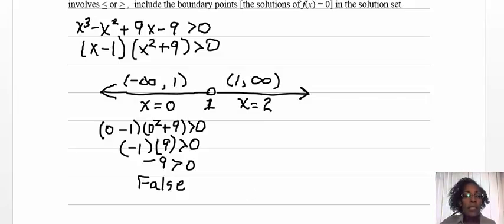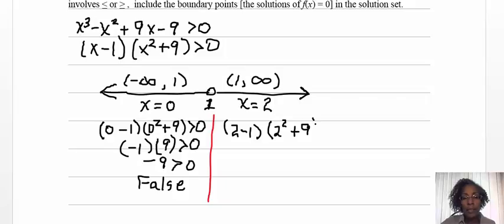So now let's test our test value 2, and let's see whether or not that makes the inequality true or false. So 2 minus 1 times 2 squared plus 9 greater than 0. So 1 times 13 gives me a true statement.